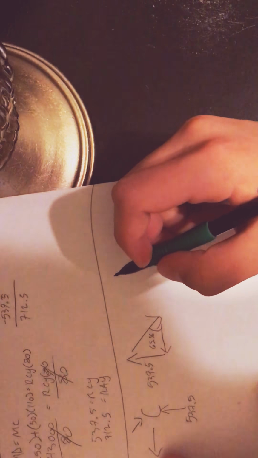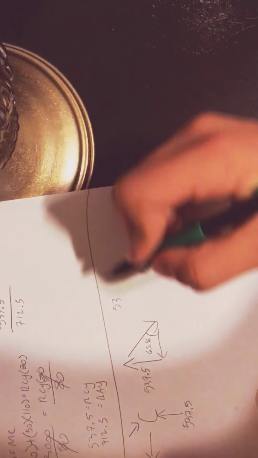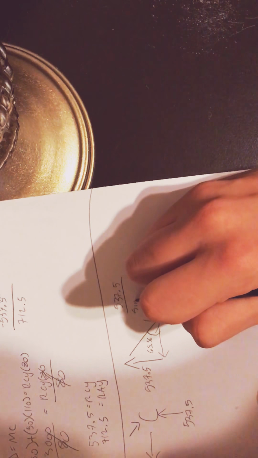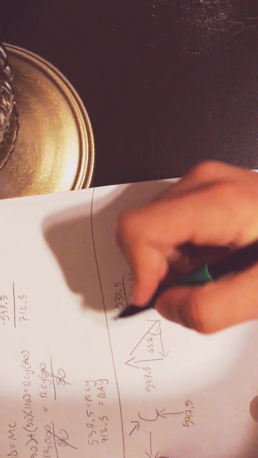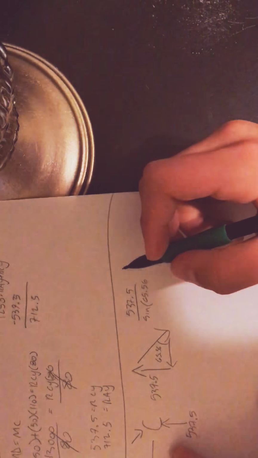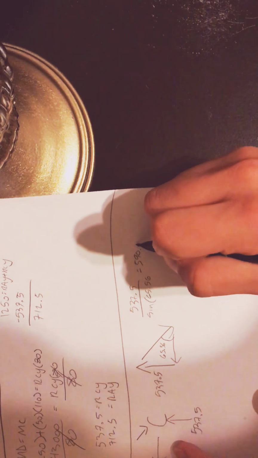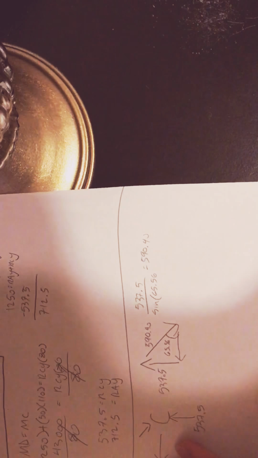Now we're going to do 537.5 divided by sine 65.56. I always like to solve for my hypotenuse first because I find it easier that way. So we're going to get 590.40. Make sure you round to the nearest hundredth always.